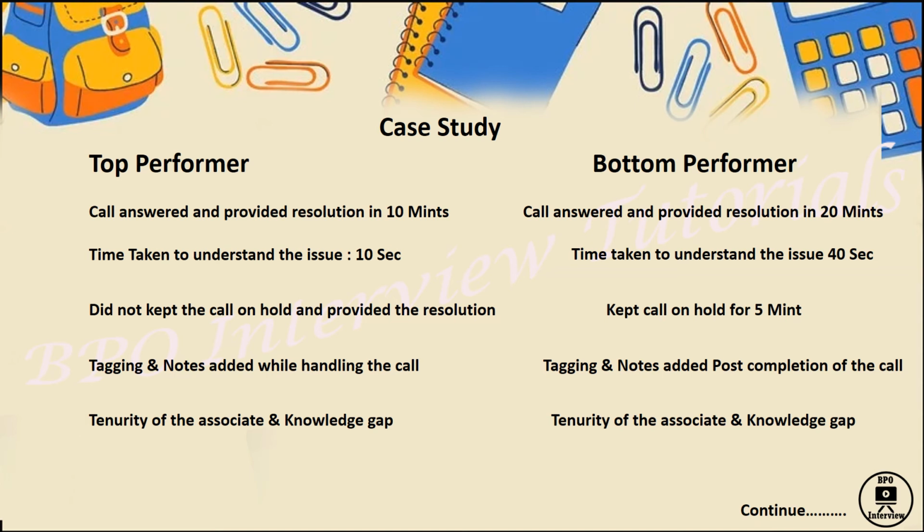Either the associate has a knowledge gap, or the associate failed to cross check the guides. A top employee just takes the concern and gives the resolution, while bottom employees will always go to the guide and cross check. So with the help of time and motion study, we can identify the time taken by the associate, and whether that time was unnecessary or the correct time.